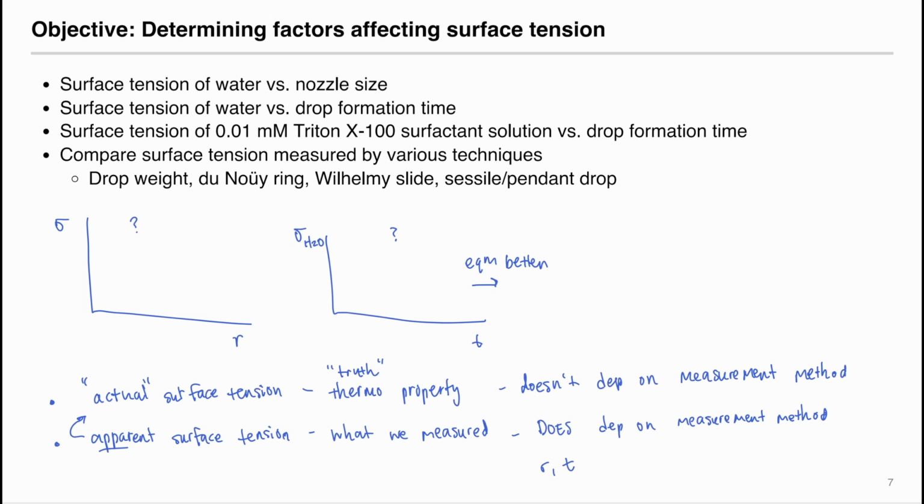Again, we also want to explore the surface tension of a surfactant solution of Triton X-100 and how it changes with respect to drop formation. And finally, we want to compare the surface tension measurement of water with other groups who did the drop weight, the ring method, the slide method, as well as sessile drop or pendant drop.